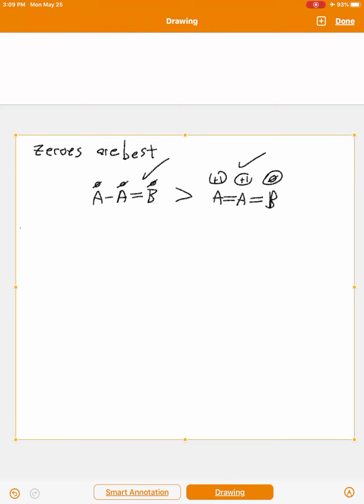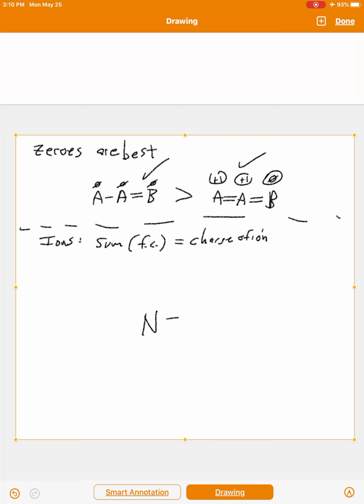Right? Another thing to say about them is that if you have an ion, the sum of all the formal charges in the ion should be equal to the charge of the ion. Okay? So let me show you again a Lewis structure for the nitrate ion.